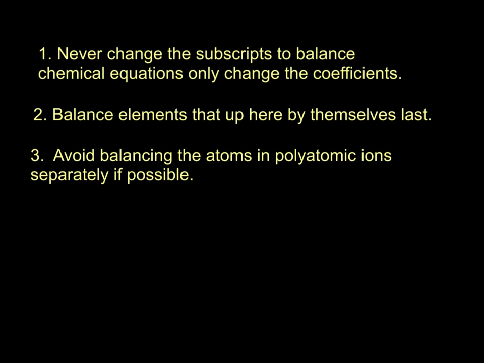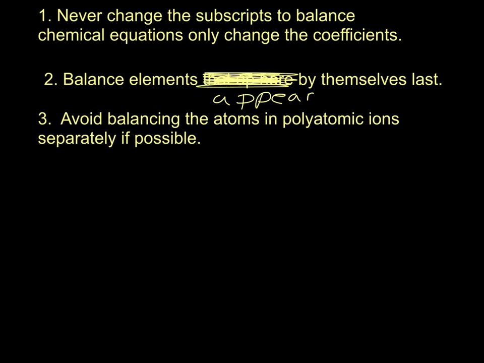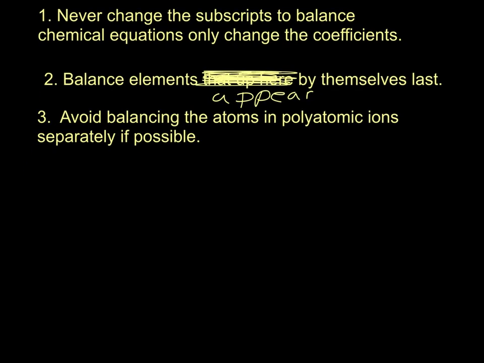Balance elements that appear by themselves last. 3, avoid balancing atoms and polyatomic ions separately if possible. So let's take a look. Let's execute these 3 rules using several different examples, because one example is never quite enough.